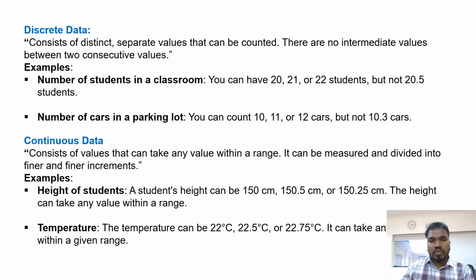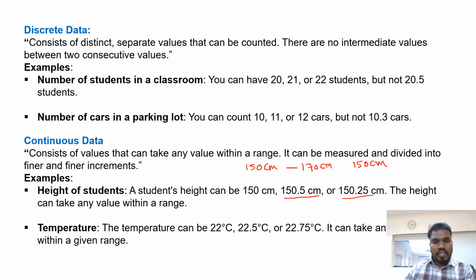Suppose the height range of these students is 150 centimeter to 170 centimeter. In that range, I can find students with the height 150 centimeter, 150.5 centimeter, and 150.25 centimeter, right?